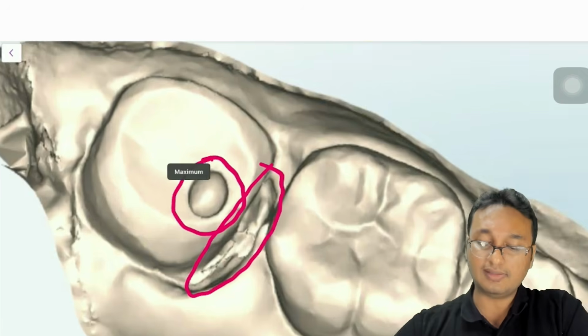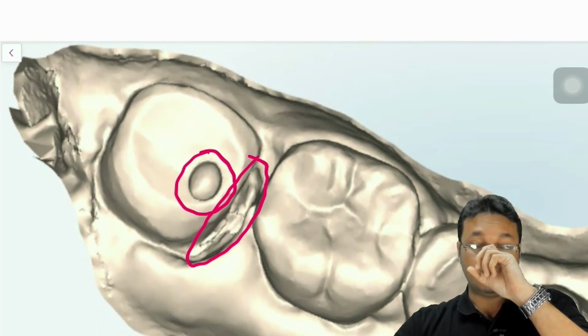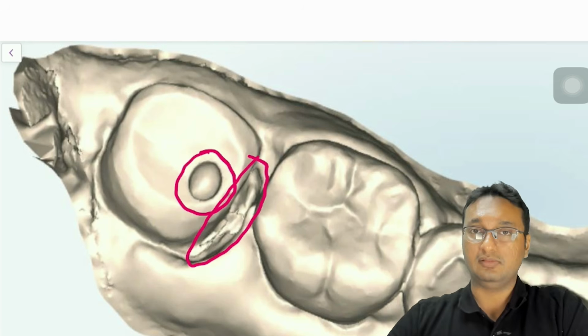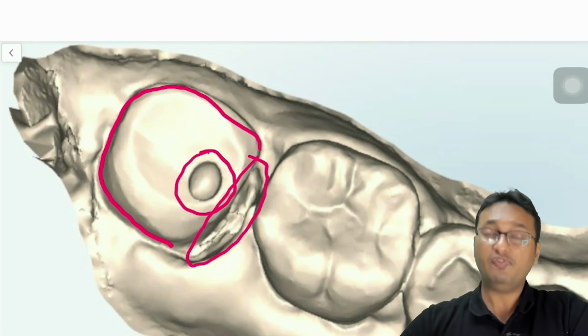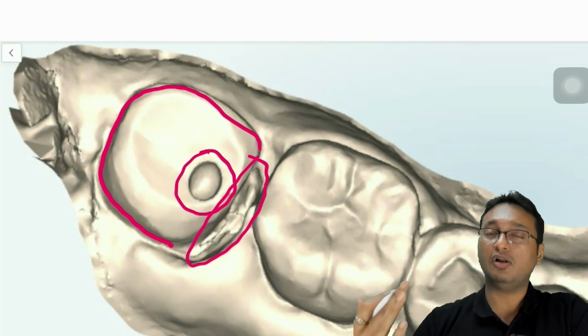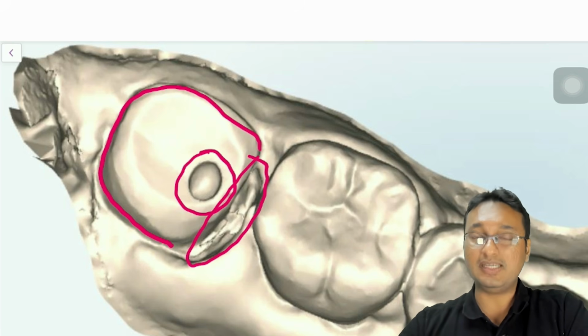I sent this particular STL file to the lab, and the lab person said, sir, you have to repeat the scan. You know, this part of the tooth was perfectly fine. Three-fourths of the tooth was fine, but the mesial one-fourth of the tooth was not proper for 3D printing. So I had to call the patient again the next day. I had to repeat a scan.